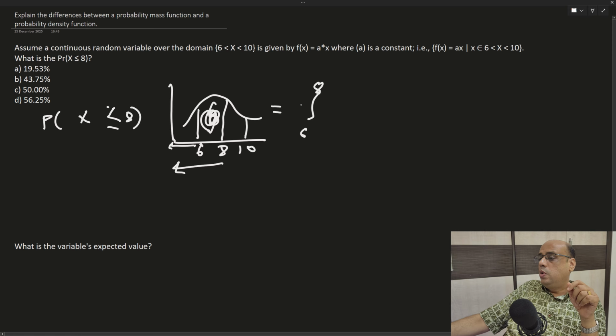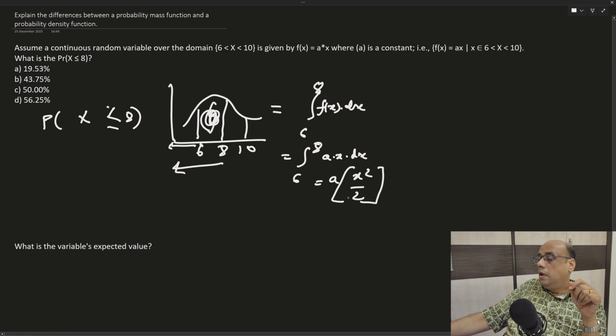So integral 6 to 8 fx dx is equal to integral 6 to 8 a into x dx, which is a x square by 2 between 8 and 6, is equal to a into (64 by 2 minus 36 by 2), which is 14a.